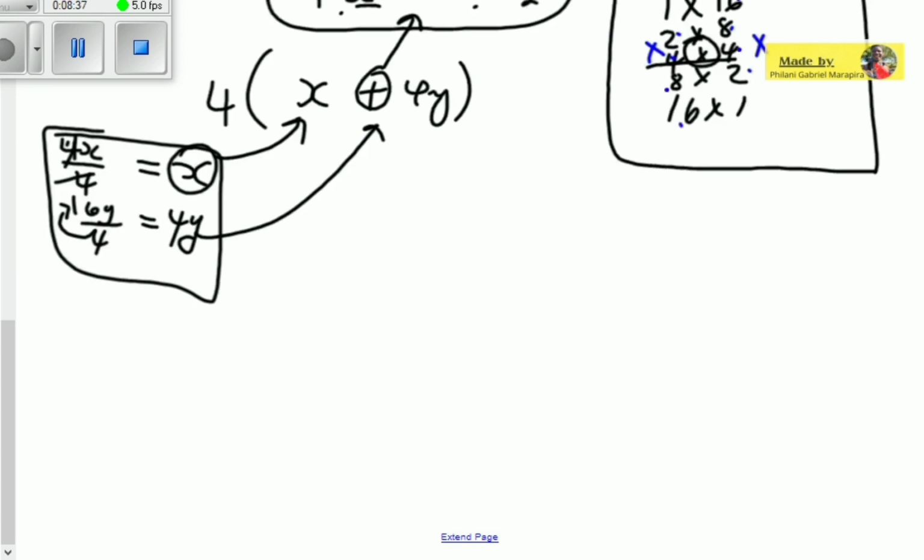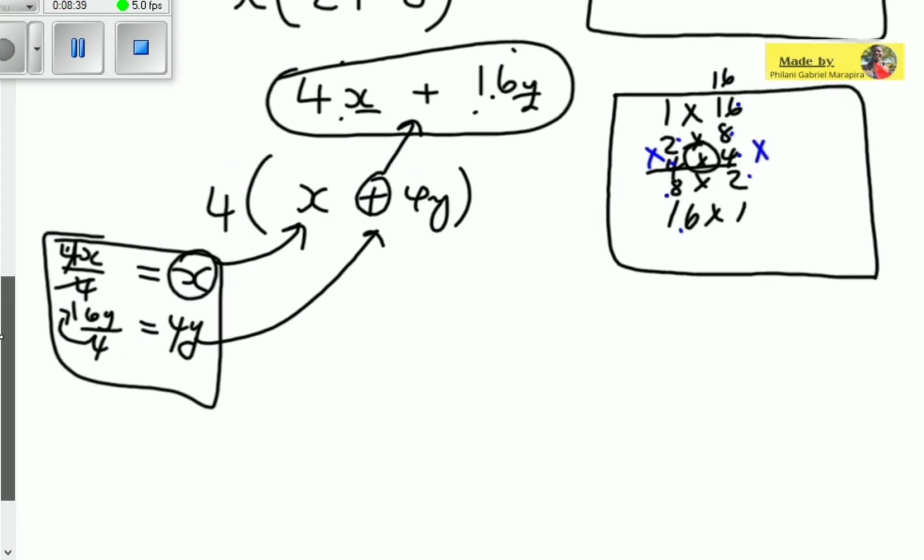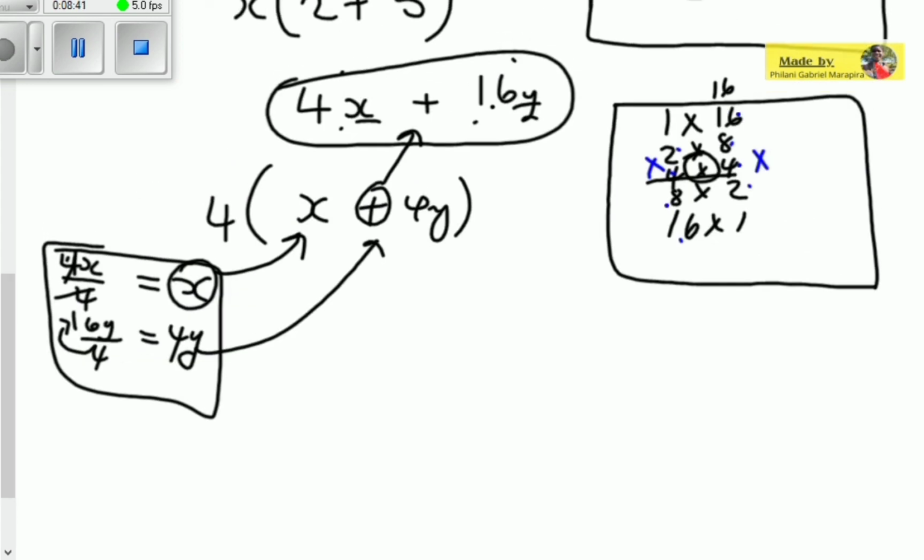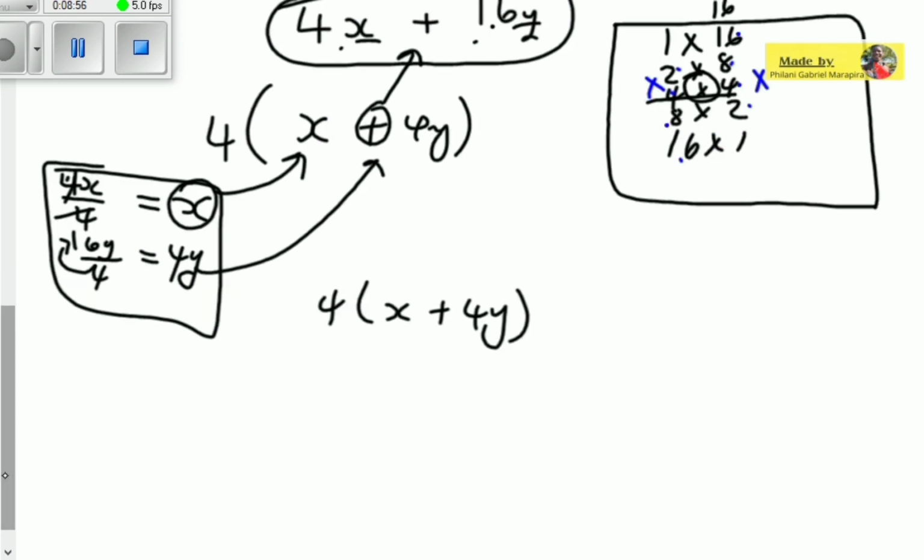So let's do a reverse just to understand exactly how this works. Remember we did the FOIL method last time, whereby you expand a number. So you can see this is 4 multiplied by x plus 4y. You just multiply this 4 into this and then multiply it again into that.